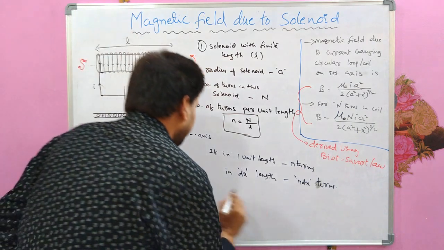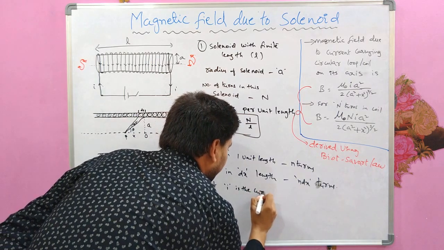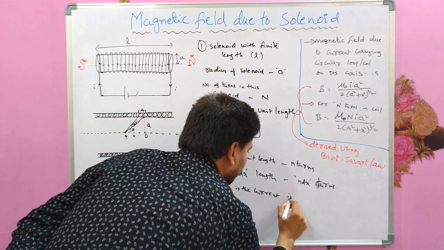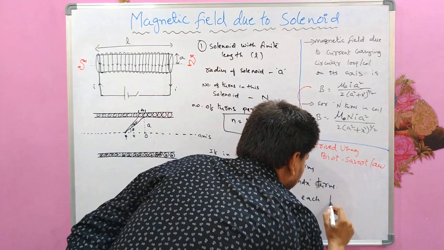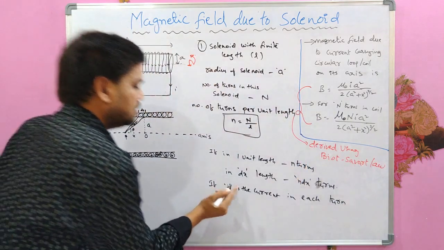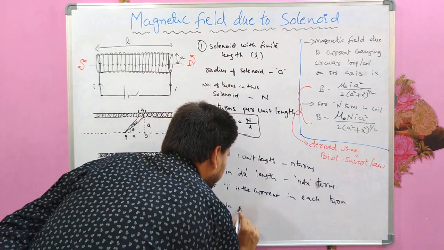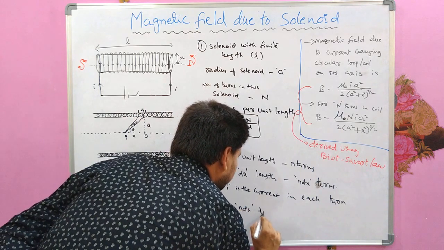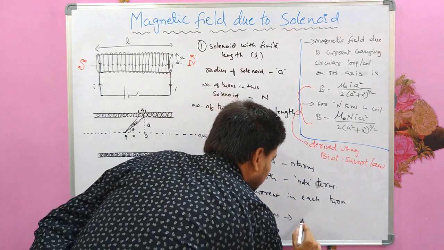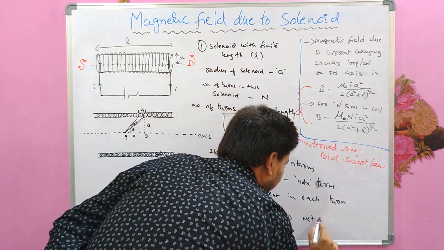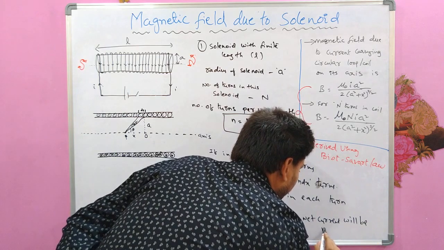Okay, so similarly, if I is the current in each element, each coil, in each turn, then in ndx turns, the net current will be ndxi.